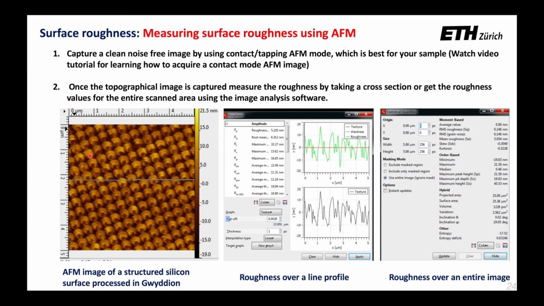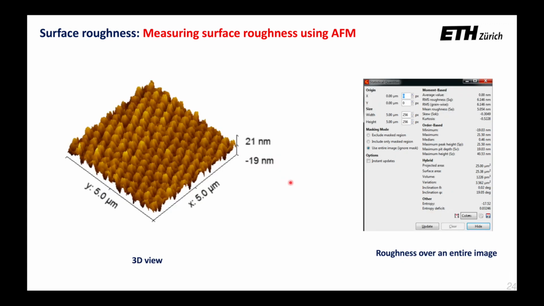Here we showed it using the Gwyddion image analysis software. You just drag a line and then you can extract Ra, Rq, and other roughness parameters, or, as I said, you can extract the statistical quantities which give the roughness values over the entire scanned region.